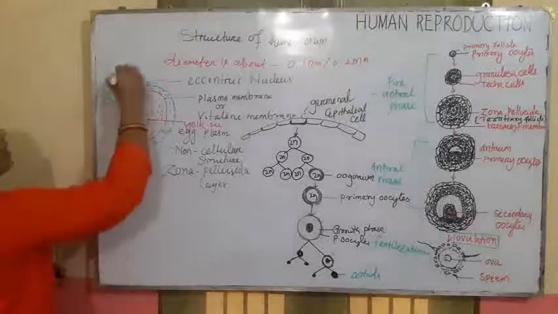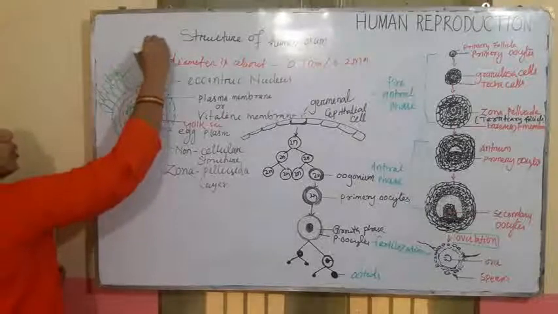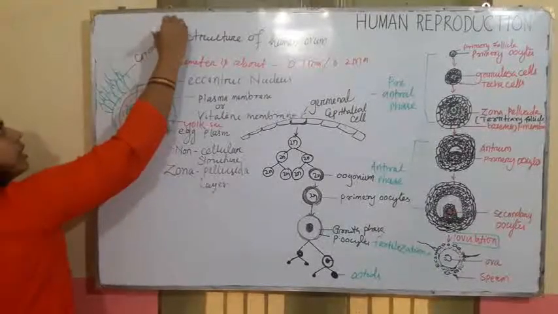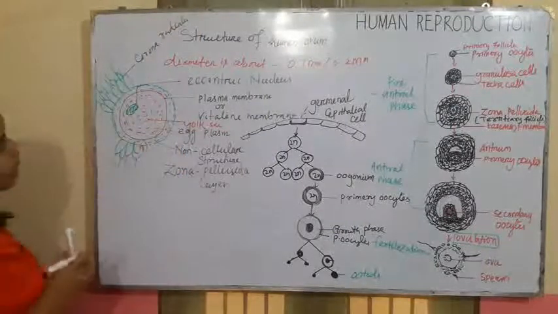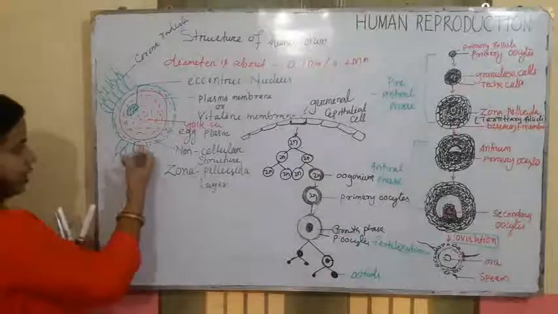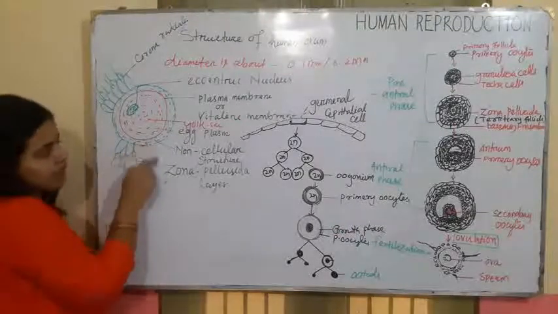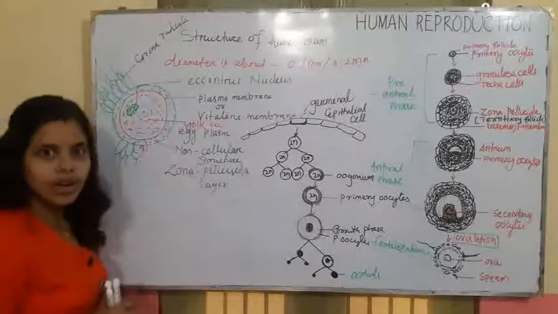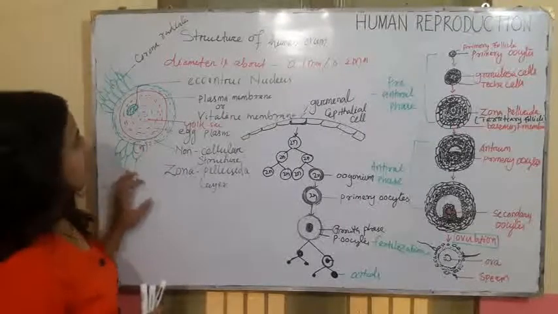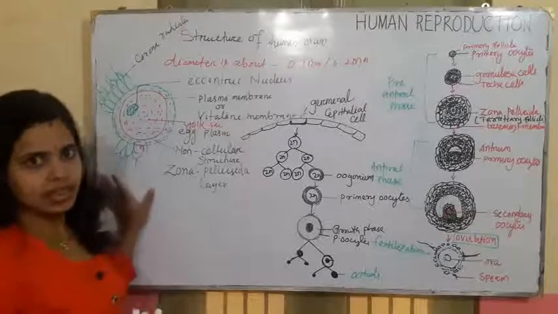Corona radiata. They look like radiating structures coming out from the zona pellucida layer. That's why it is called corona radiata. So this is the structure of the human egg cell.